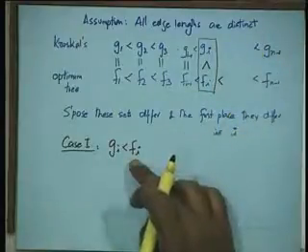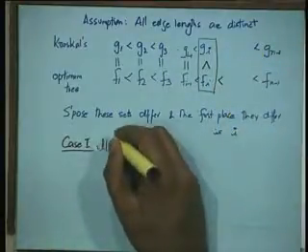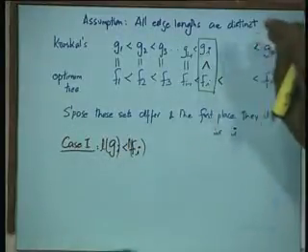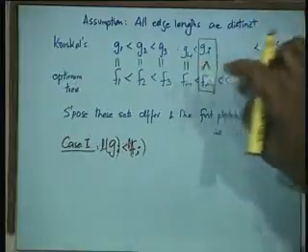When I say GI less than FI, I actually mean length of GI less than length of FI, right? Just to be more particular, right?